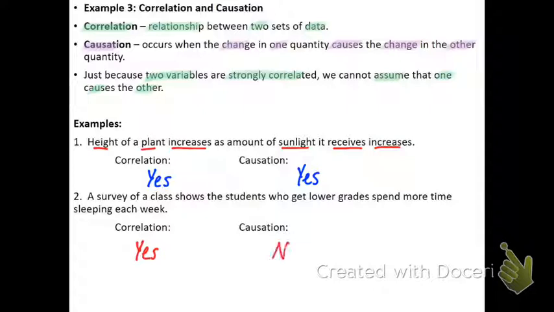No, not necessarily, because there are a lot of other factors that could be weighing in there. You could have a student who doesn't sleep at all who gets really bad grades. You could have a student who sleeps a lot but gets good grades. It doesn't necessarily mean that sleeping causes you to get lower grades. It's just a correlation for this class. Okay.